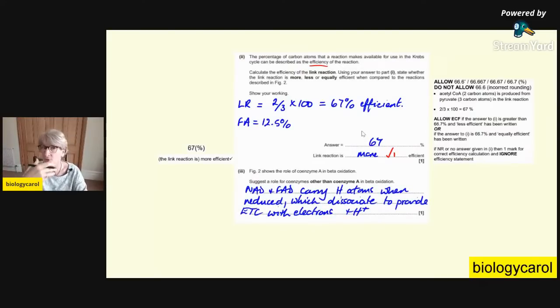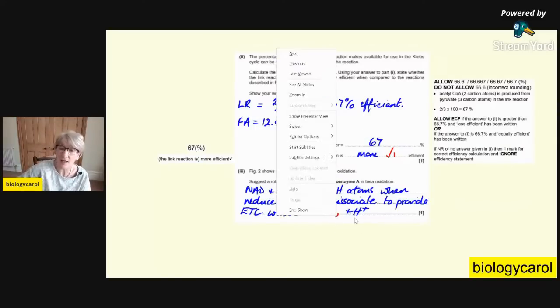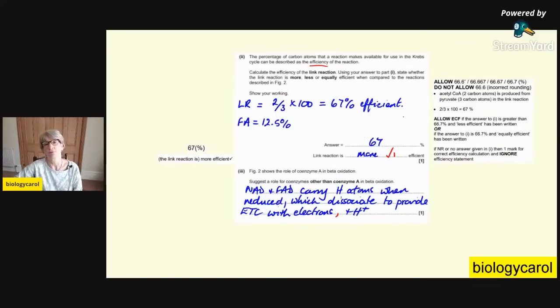So I put NAD and FAD carry hydrogen atoms when reduced, i.e. NADH or NADH plus or FADH2, which dissociate to provide the electron transport chain with electrons, and I really should have put a comma here, plus hydrogen ions. Because I wasn't sure for OCR where the mark point would be.